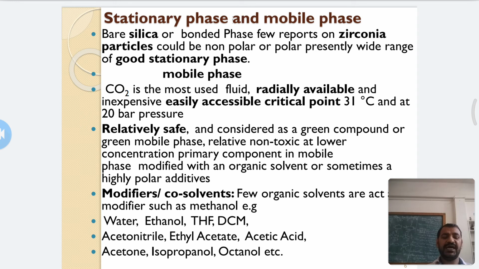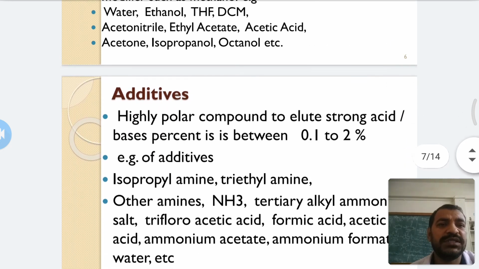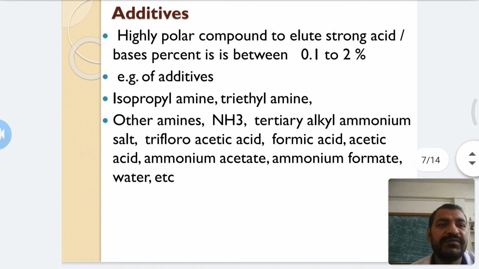Next, third, acetone, isopropanol, and octanol. These modifiers depend on the polarity of our analytes. So this is how modifiers or co-solvents are used in the mobile phase.